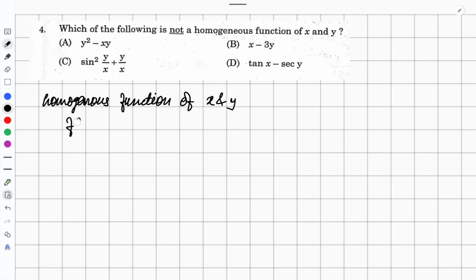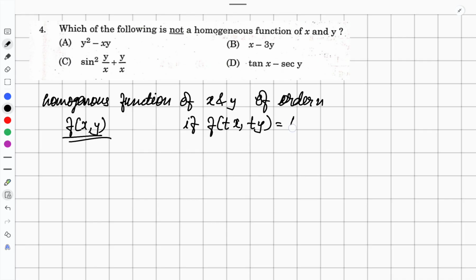So any function, say f(x, y) of x and y, is called a homogeneous function of degree or order n if f of tx comma ty is equal to t raised to power n into f of x comma y.